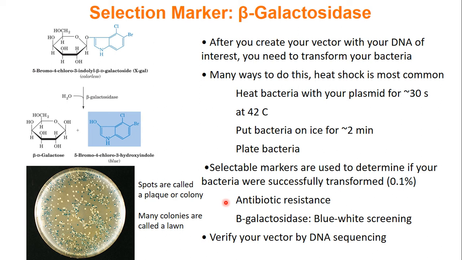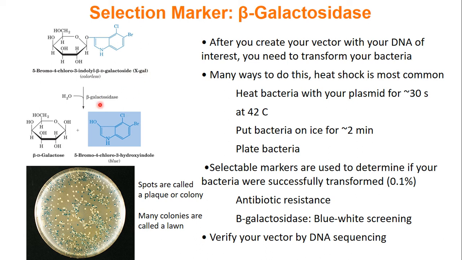Another common way for a selectable marker is using beta-galactosidase, which is called blue-white screening. And the way this works is that on our vector, we have an enzyme called beta-galactosidase that is being made. And we can add a chemical called X-gal.